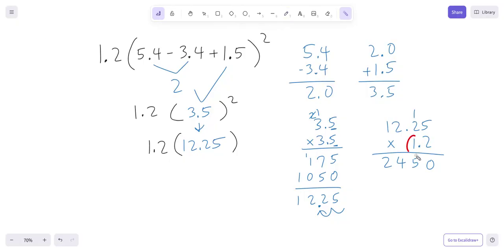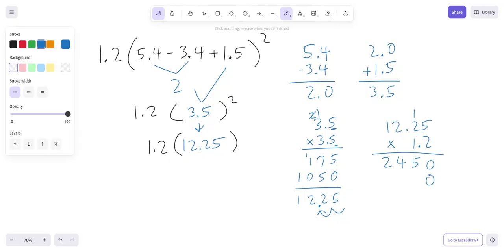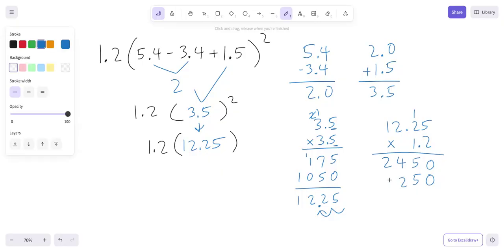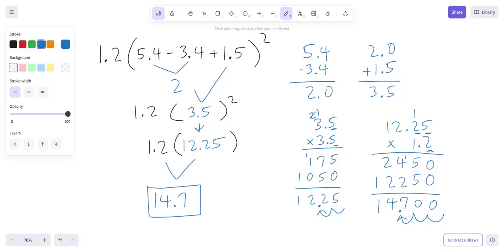Now I'm going to multiply by the tens digit, so I need to add a 0. 5 times 1 is 5. 2 times 1 is 2. 2 times 1 is 2 again, and 1 times 1 is 1. This is 0, 10, 6, and then 4, 1. With 3 digits after decimal point, so I need to move it 3 times. So the final answer is 14.7. All right, good luck on your practice.